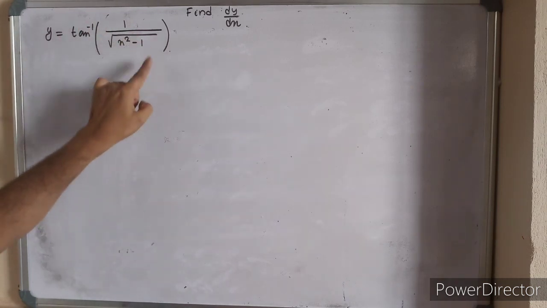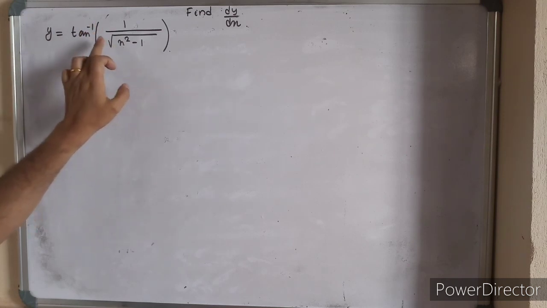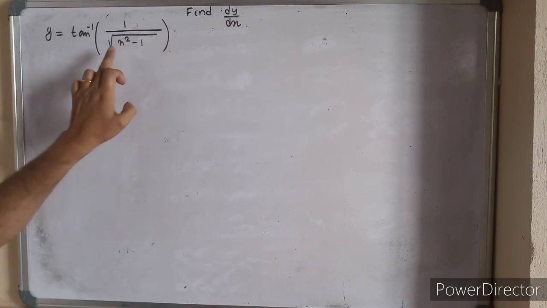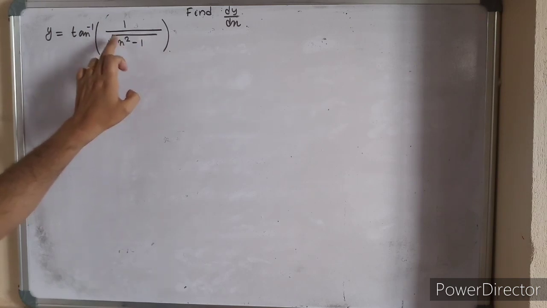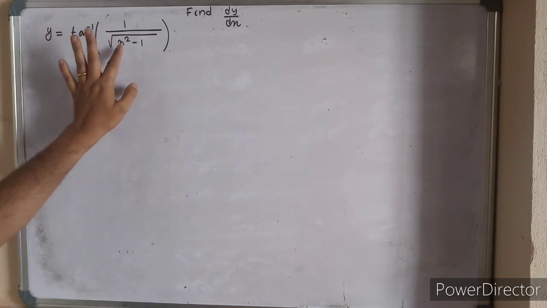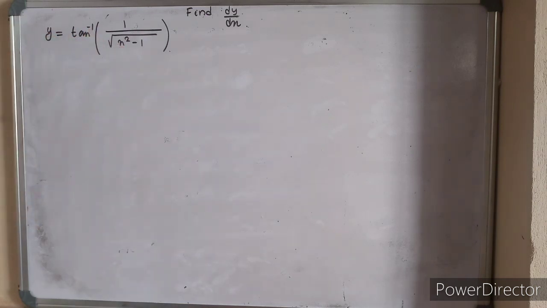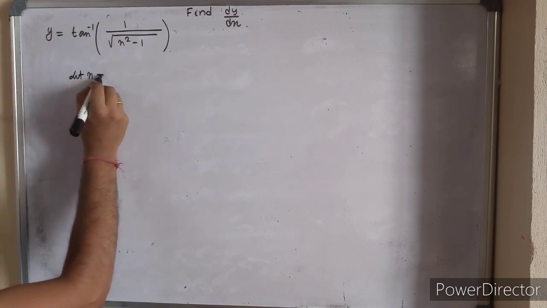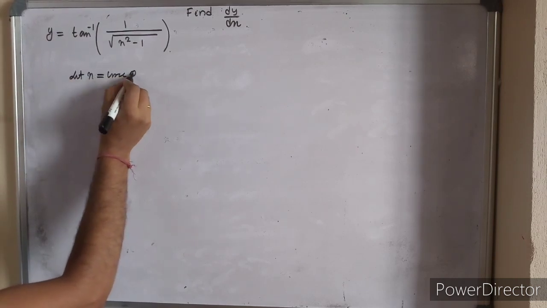But with the help of substitution, I'm trying to convert this quantity in terms of tan. If I consider sec, this will be in terms of cot. That way also we can do it. But if I consider cosec, we'll get the proper substitution. Let x equals cosec theta.